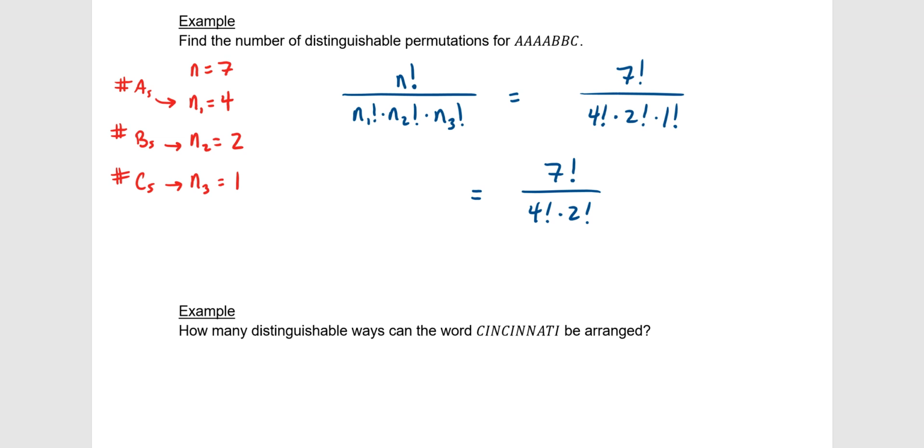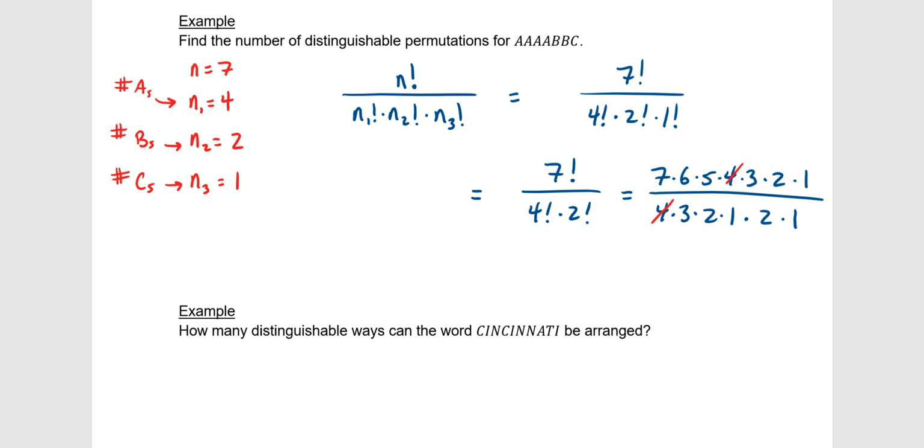I like to use the shortcut method. I'll write out this one completely. 7 factorial, 7 times 6 times 5 times 4 times 3 times 2 times 1, divided by 4 factorial, which is 4 times 3 times 2 times 1. 2 factorial is 2 times 1. Since we just wrote it out, I always cancel the larger factorial in the denominator.